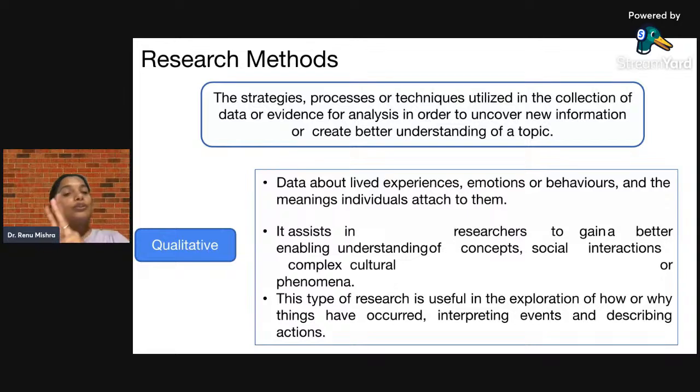Okay, now there are two kinds of research methods, probably three, but majorly two. The third is a mixture of both. Let me take them one by one. First is qualitative. Here I'll give you a tip: think quality, detailed.